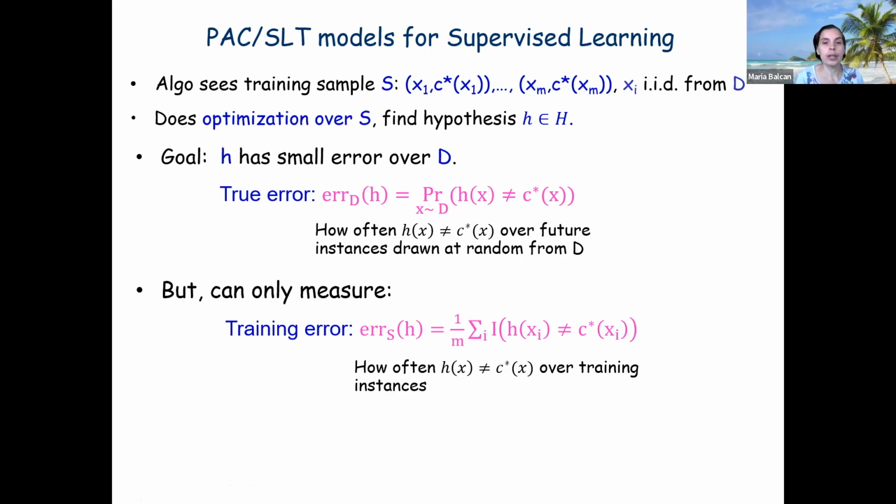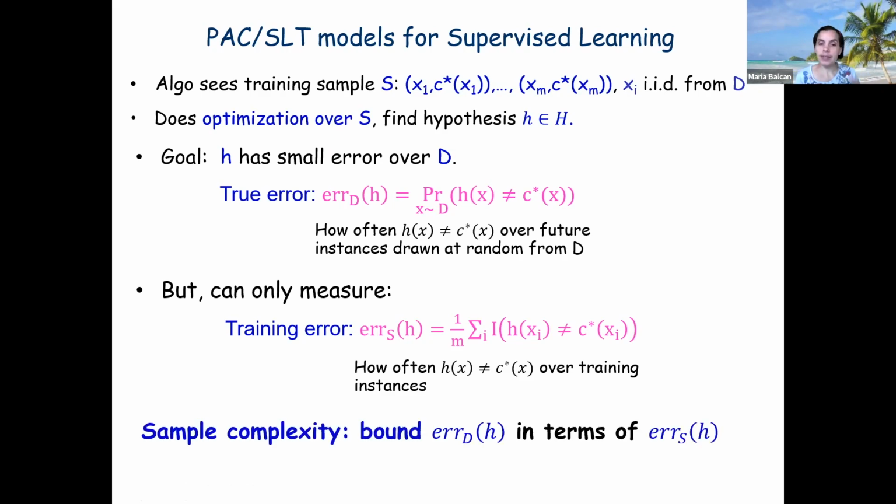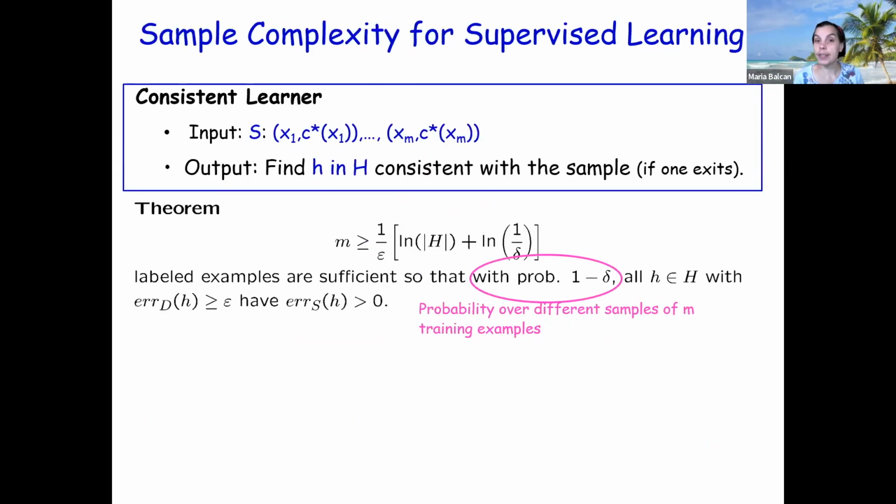Luckily, there are these generalization guarantees, or sample complexity bounds, that help us bound, uniformly for all classifiers in our search space, the true error rate in terms of the empirical error rate. This is what we discussed last time, and we proved a sample complexity bound.